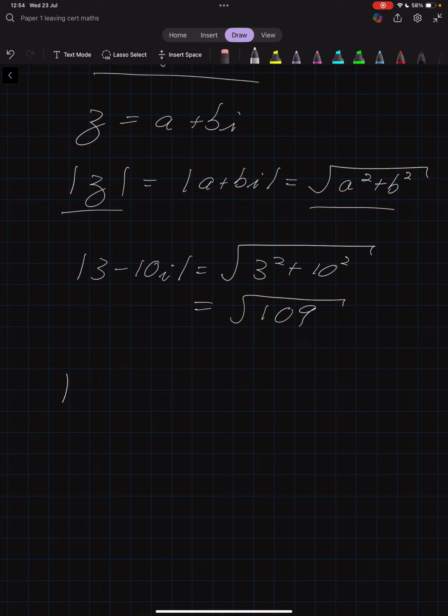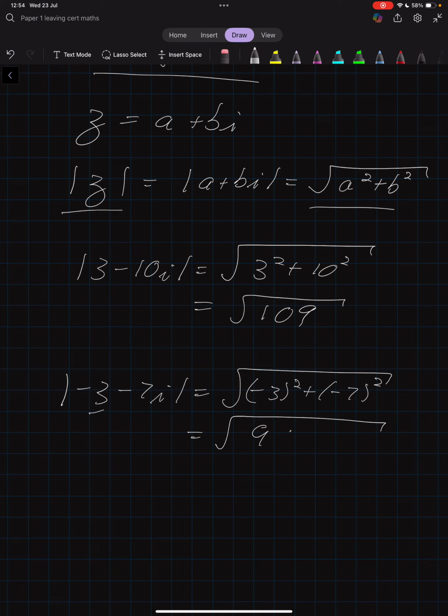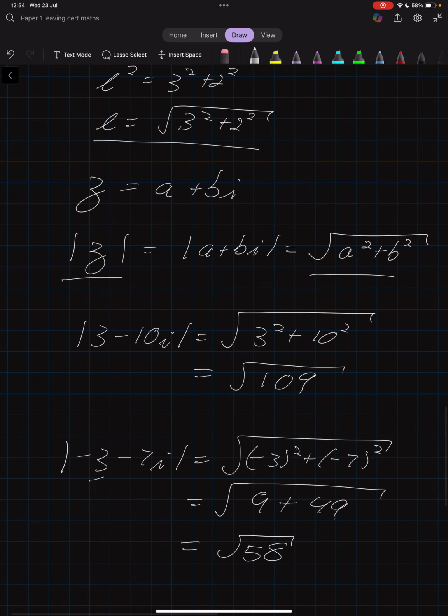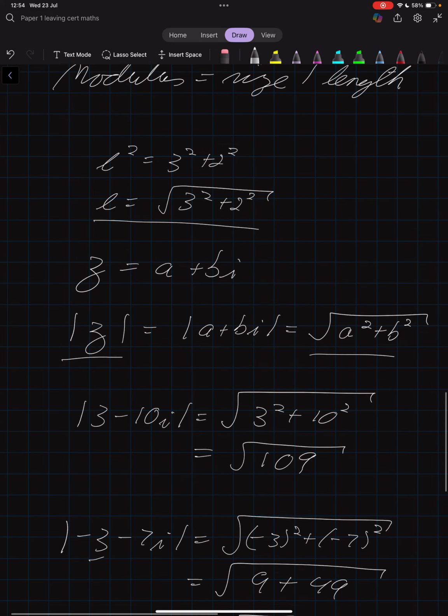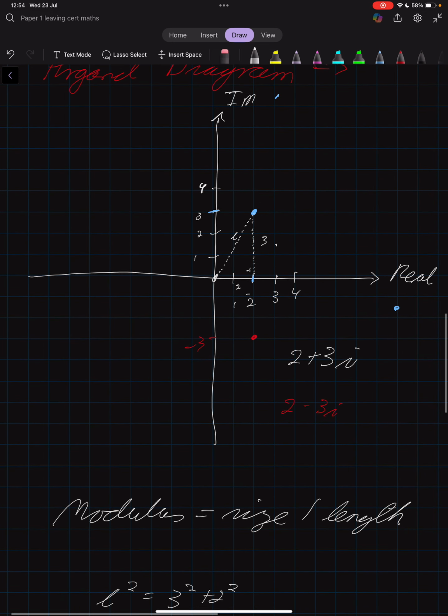If they ask you what's the modulus of minus 3 minus 7i, that is simply the square root of minus 3 squared plus minus 7 squared. Minus 3 squared is the same thing as 3 squared, which is 9. And 49, so it's just root 58. And that's it. So the modulus is just the length of the complex number. How far is that complex number from the origin? The origin being 0, 0 here.